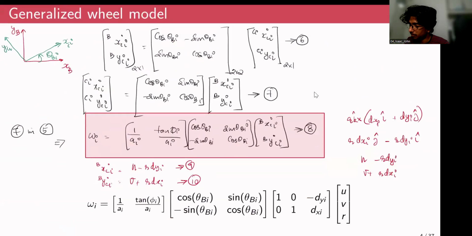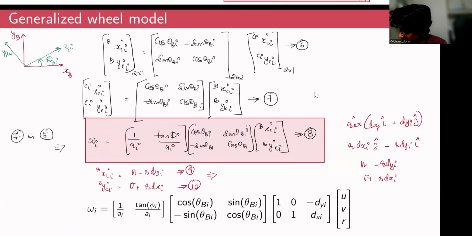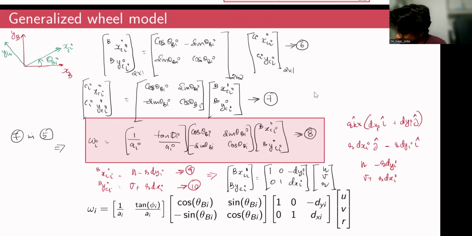So I can write this in vector and matrix form like so: xci dot, yci dot. This I can relate to u, v, r using the following transformation matrix: 1, 0, minus dyi; 0, 1, dxi. I'll call this equation 11.